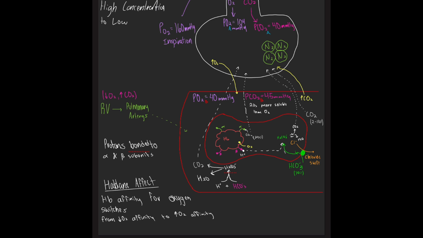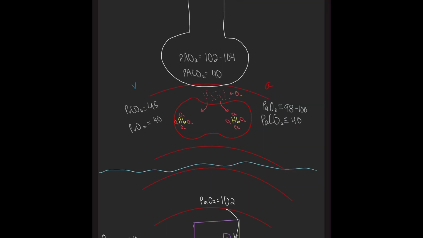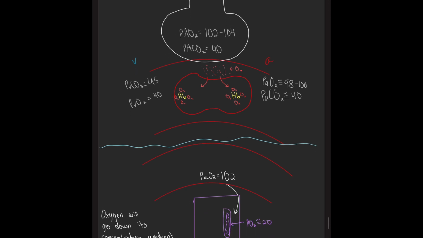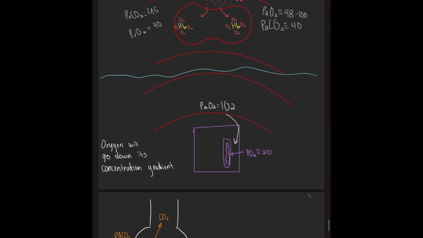The partial oxygen pressure will then increase to 98 to 100, and our carbon dioxide to 40, right? Okay, good.